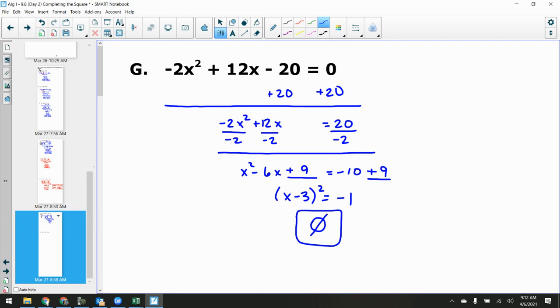See, we learned that back in section 9.7, right? We're doing that square root section. I cannot square root a negative number, so therefore I have to say no solution. Remember, the goal here is to try to find the places where it crosses the x-axis. Do all quadratics cross the x-axis? No, there are some that do not cross the x-axis. This is an example where it does not cross the x-axis.